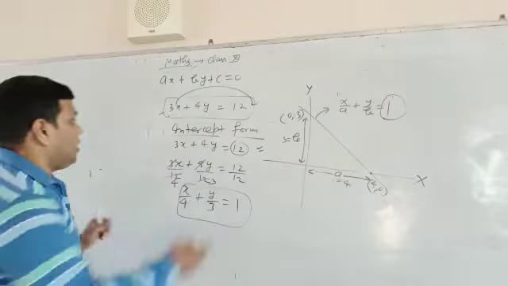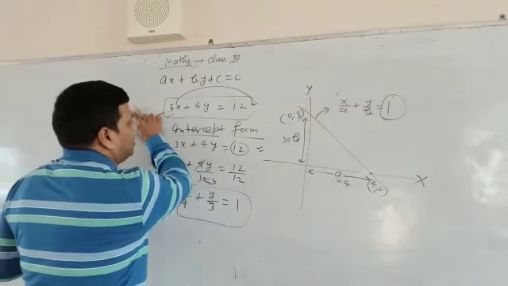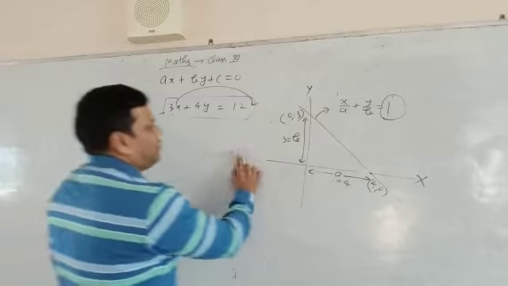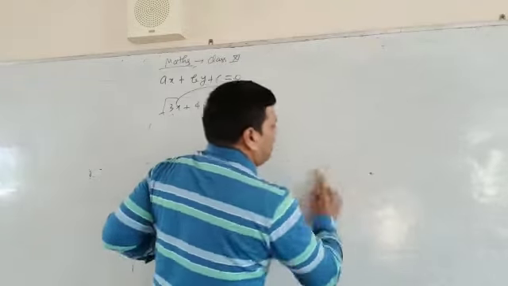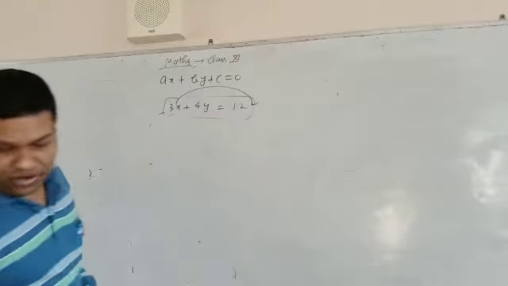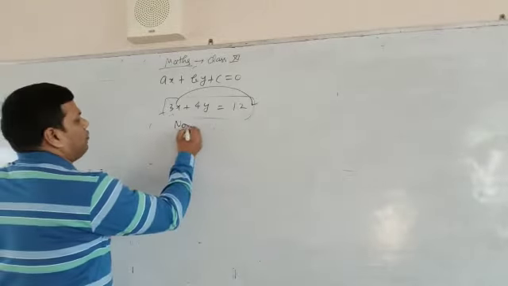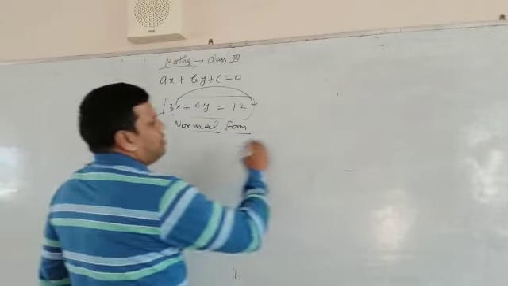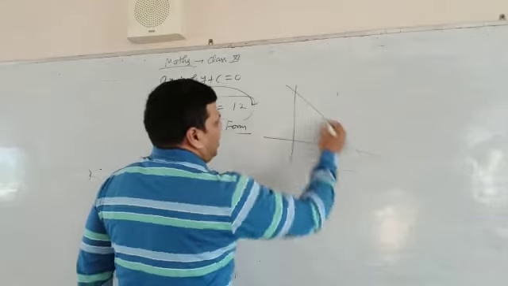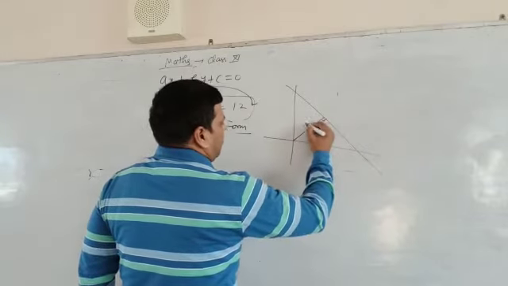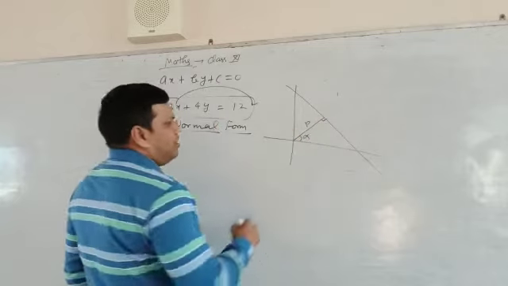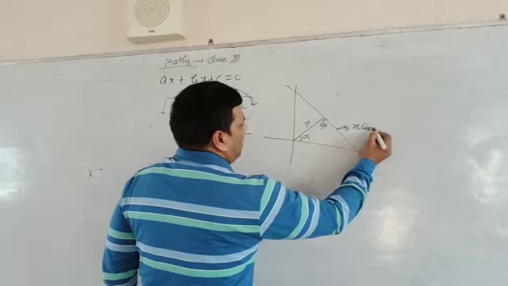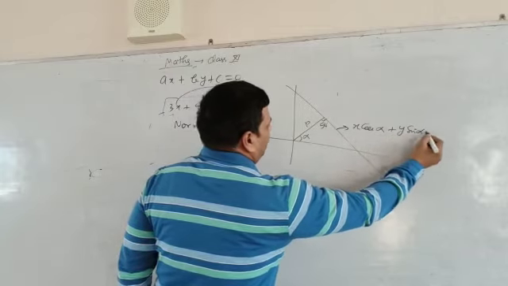Now the third one, last but not the least. The equation is the same. You can again pause your video and watch till the end, and then go for the next one. That is the normal form. First of all, I can tell you what the normal form is. If we have been given a line like that, with perpendicular p and angle alpha, then you have x cos alpha plus y sin alpha is equal to p.